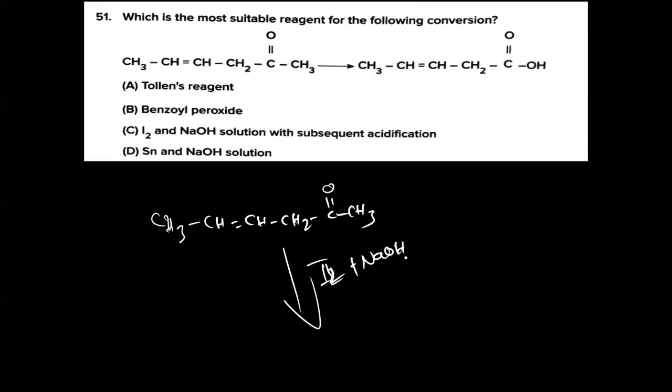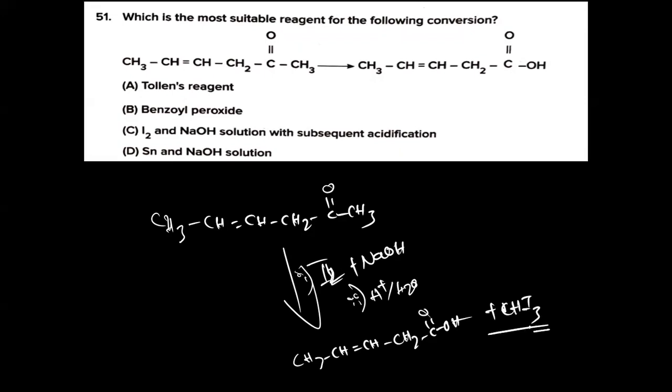So we already discussed one reaction, followed by acidification. Which gives CH3CH=CHCH2COOH with the liberation of CHI3, triiodomethane or iodoform. So in iodoform reactions, normally we use iodine in the presence of NaOH solution with subsequent acidification, this reagent. So option C.